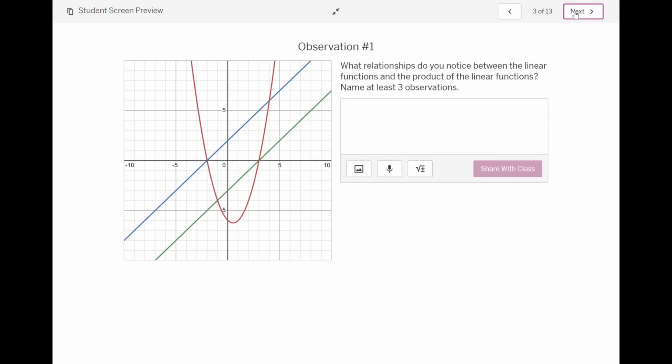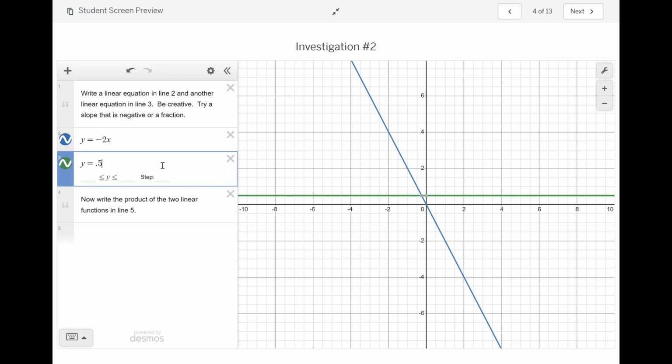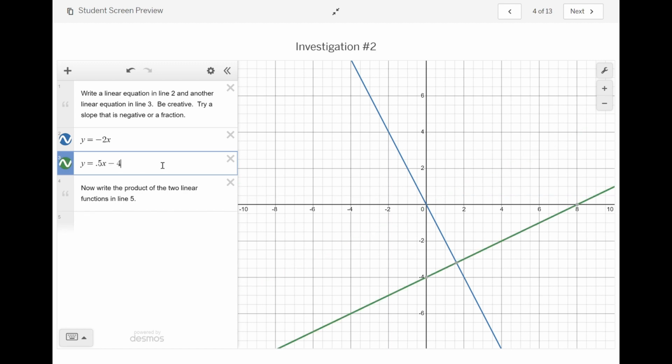And you can go through investigation number 2, do the same thing, come up with your own two linear equations. Let me just do one more here. So let's be a bit more creative. So maybe we'll do negative 2x, and then I'll do y equals, let's see, what about 0.5x minus 4, or something like that.